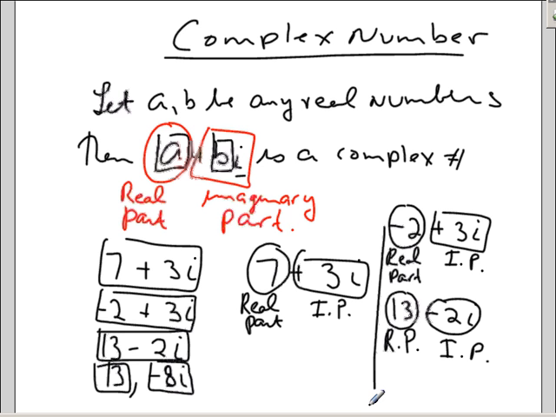Actually, before we do 13 and negative 8i, how about we have 4i minus 7? How about we do that one first? 4i minus 7. What's the real and the imaginary part?